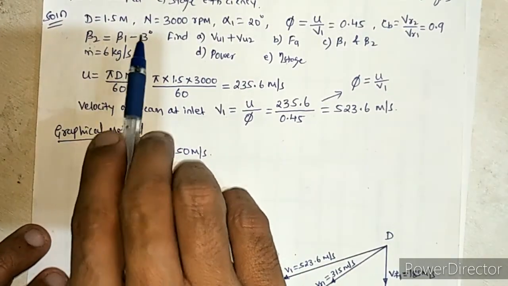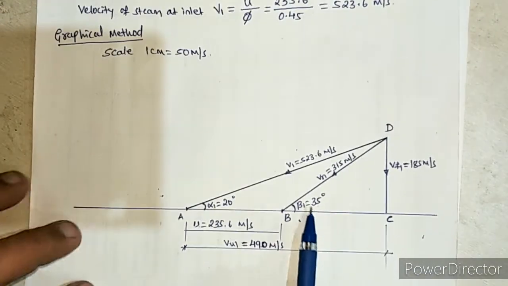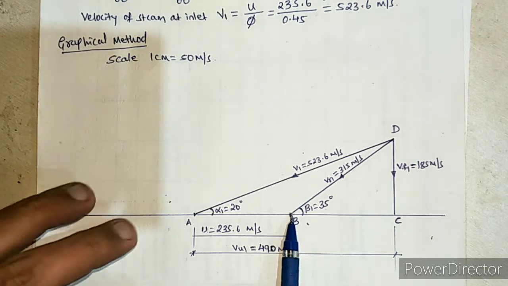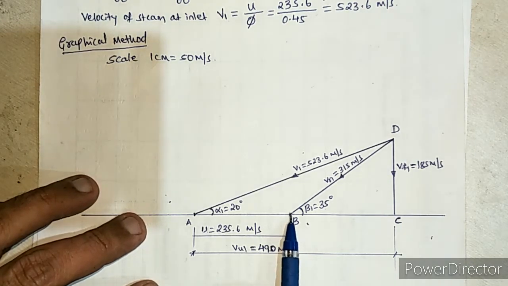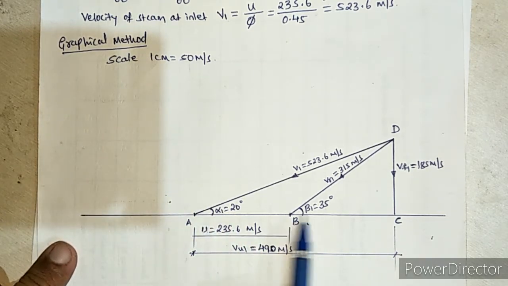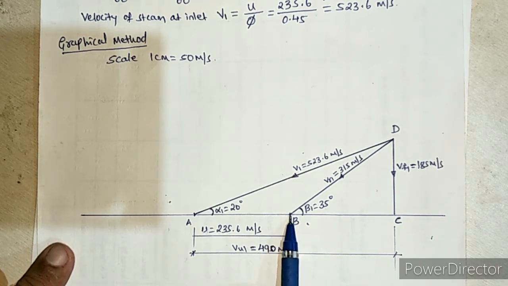So I am going to subtract 3 degree, and from this point B, I am going to draw a line at an angle of 32 degree.